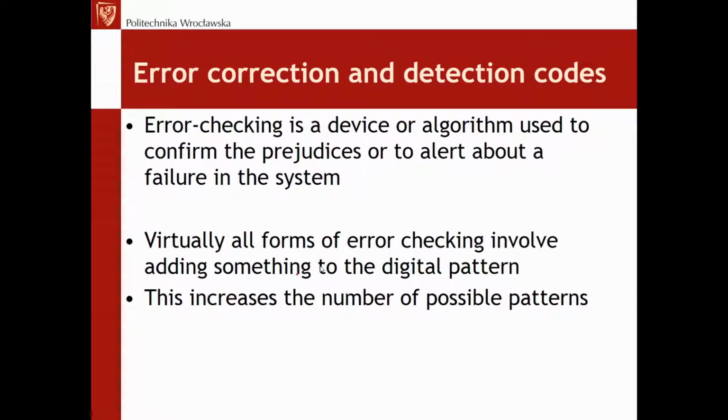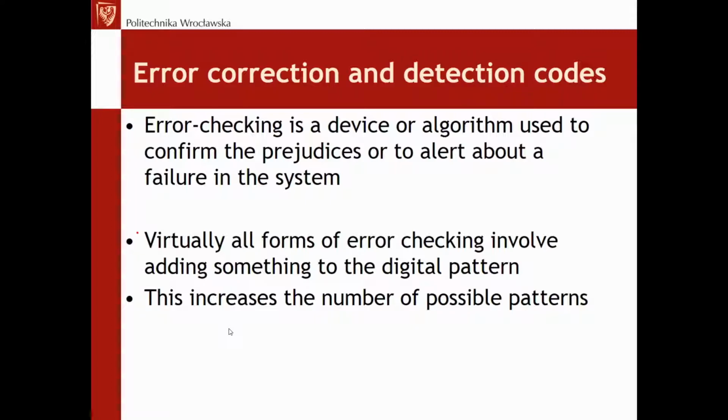So the basic rule is that, to make it simple, there is a lot of theory about it, but the correction and detection codes both share two common things. We have to add some extra bits that are transferred.